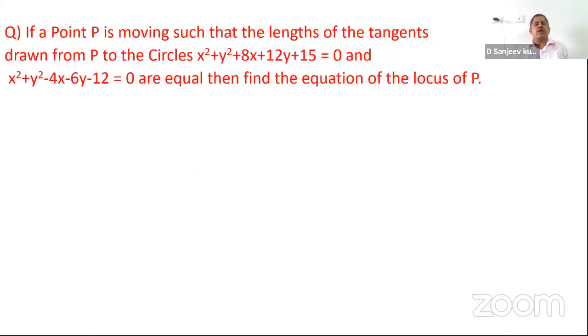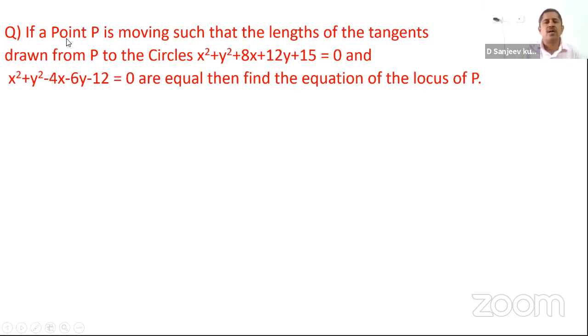Now we got a problem here. If a point P is moving such that the lengths of the tangents drawn from P to the circles x square plus y square plus 8x plus 12y plus 15 is equal to 0 and x square plus y square minus 4x minus 6y minus 12 is equal to 0 are equal, then find the equation of the locus of P. So what is the question?